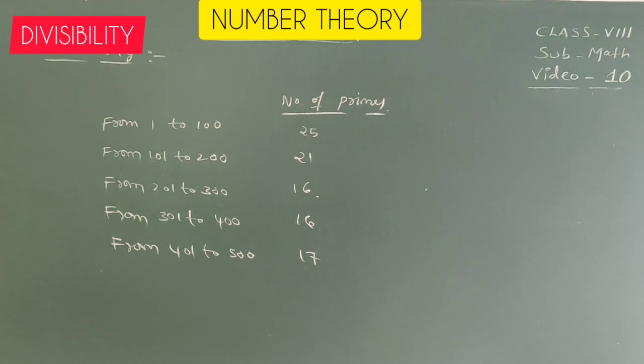From 600 to 700, 16 primes. From 700 to 800, 14 primes. From 800 to 900, 15 primes. Then 900 to 1000, 14 primes are there for us.